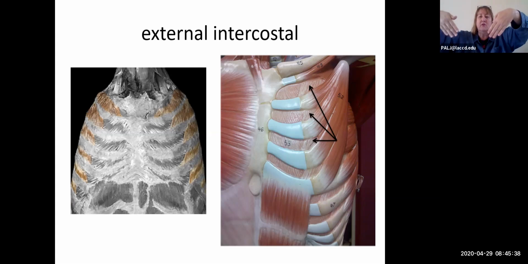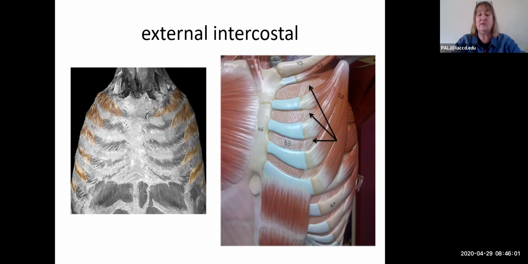All right. So now take either one of these hands that was like this and put it behind the other. So you can do it on your left side, or you can do it on the right side. And so now the hand that was deep, if these are the external intercostals, they're superficial. The hands that were deep are now going in this direction.